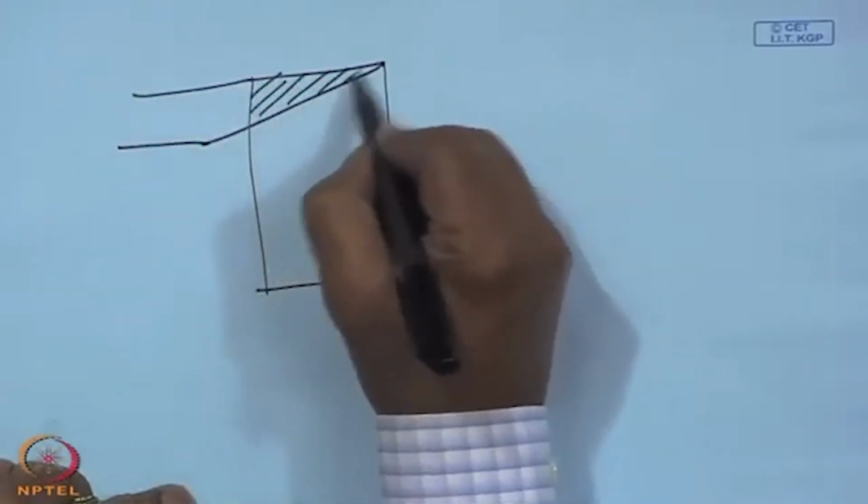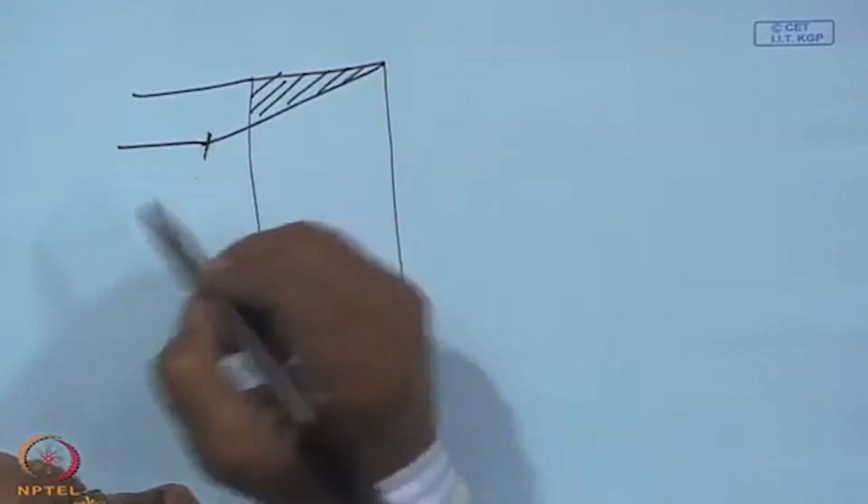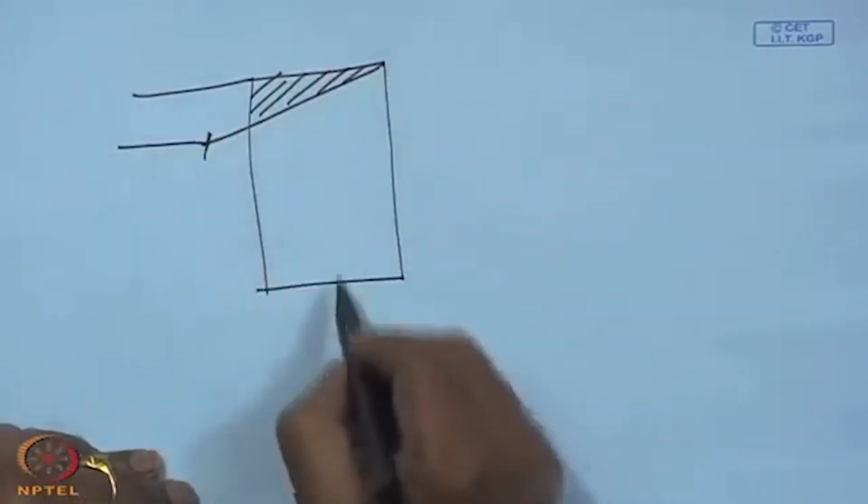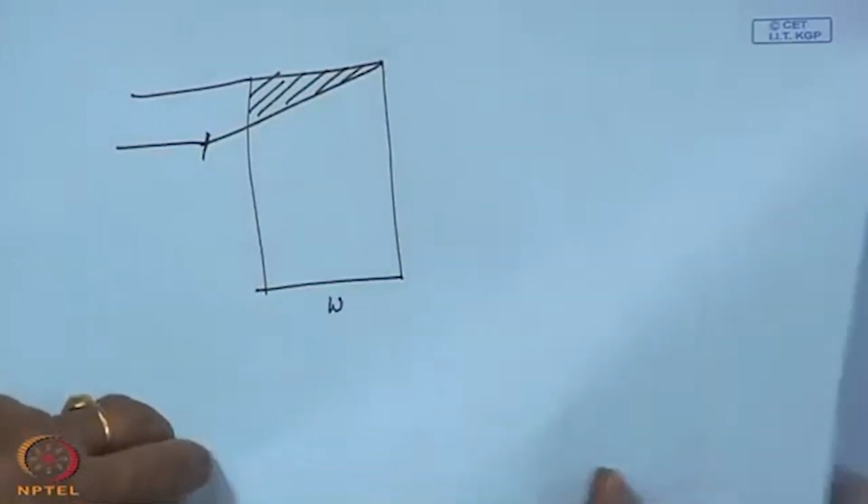So, it looks triangular, but again it becomes horizontal beyond the window width W. Okay. So, it is a complex thing, it depends upon the time of the day, of course, then the location, and the day of the year.